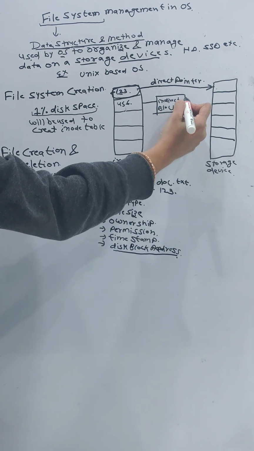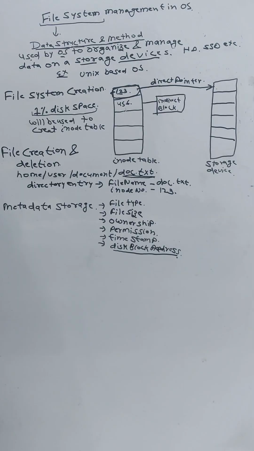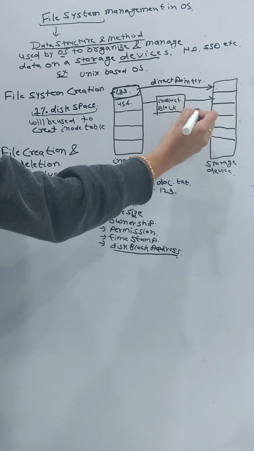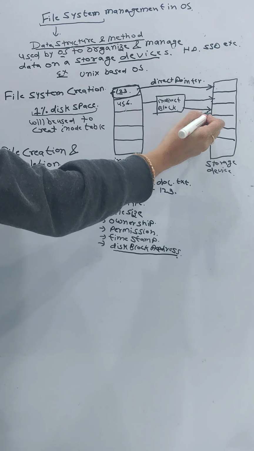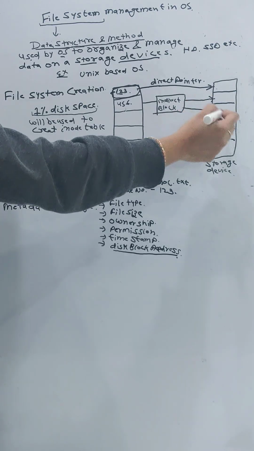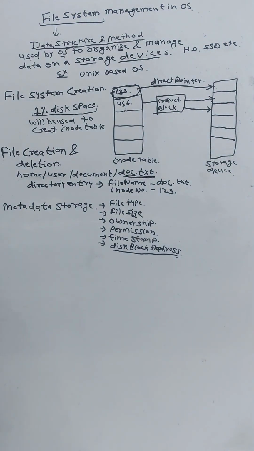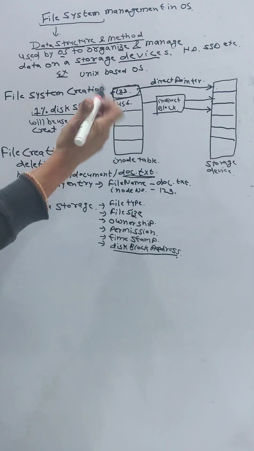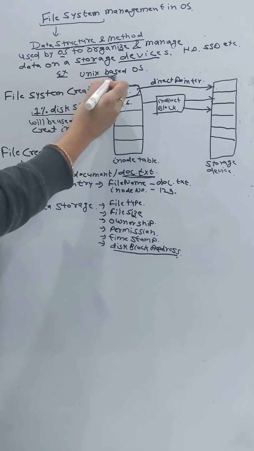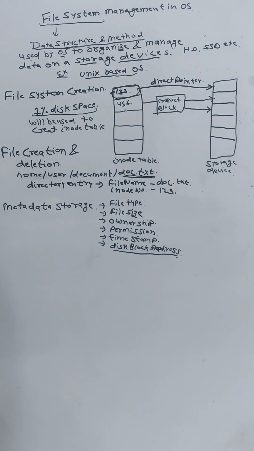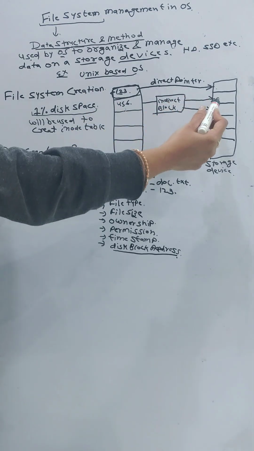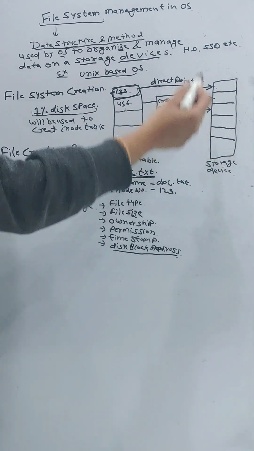And suppose this is some large file, so this will contain two blocks from the disk space. So this is how files are stored in a Unix based operating system. Inodes will be created and each inode will be mapped to the storage devices.